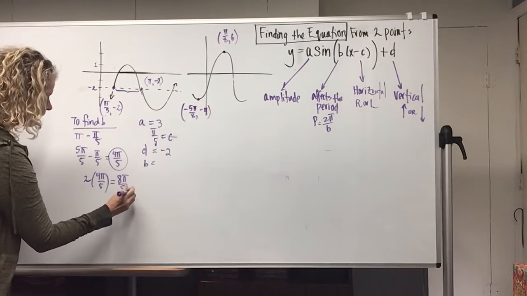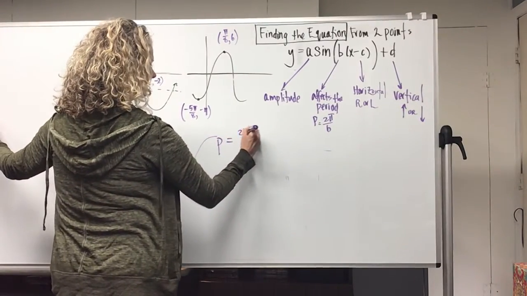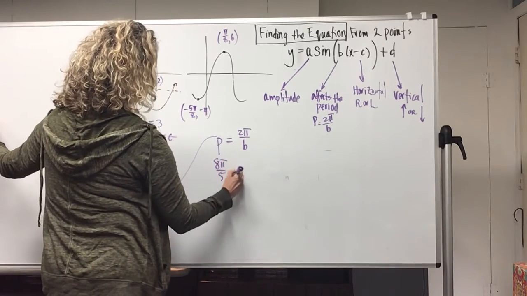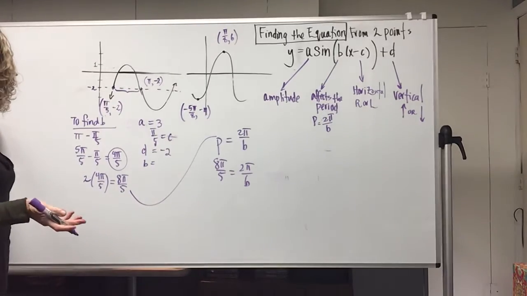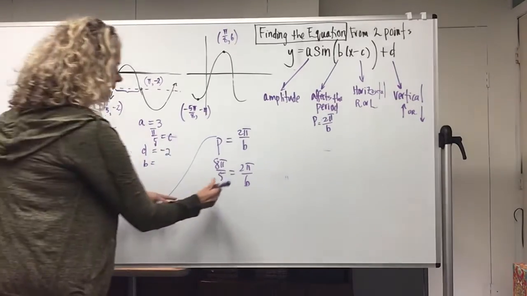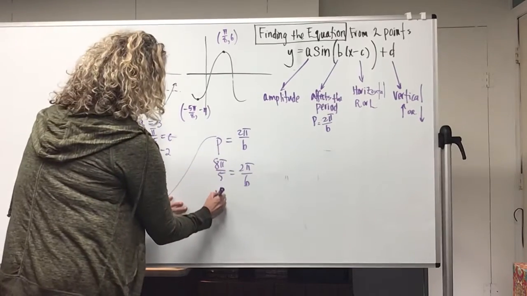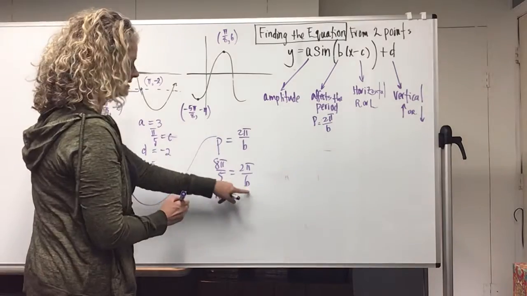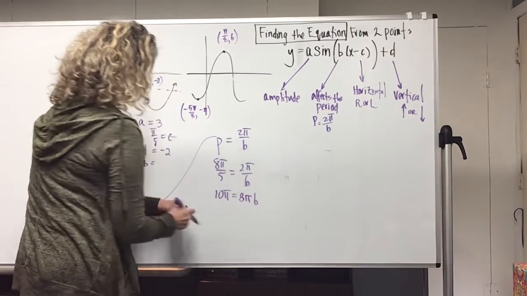So we're using now our equation. Period equals 2 pi over b. We've established the period is 8 pi over 5. This is a proportion, so we're going to cross multiply, and that's going to give us 5 times 2 pi is 10 pi, and 8 pi times b is 8 pi b.